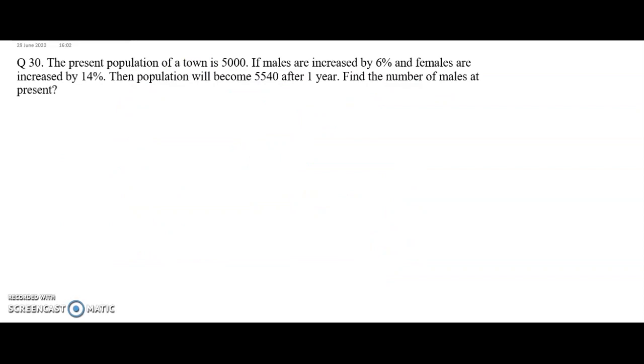Question number 30. The present population of a town is 5,000. If males are increased by 6% and females are increased by 14%, then the population will become 5,544 after 1 year. Find the number of males at present. So the total population is given as 5,000. We have males and females.